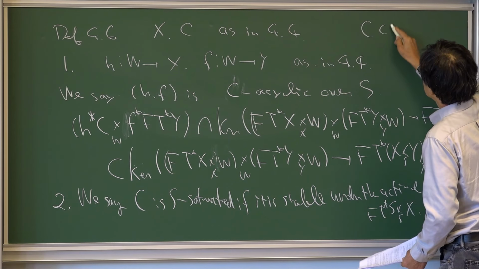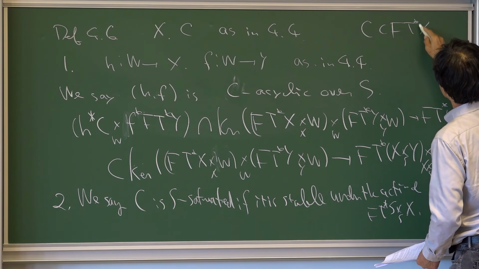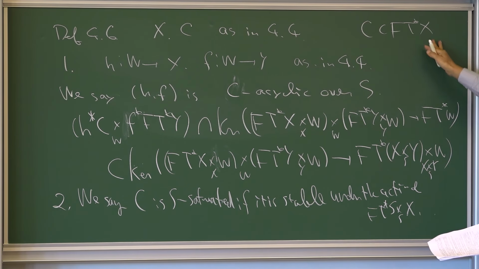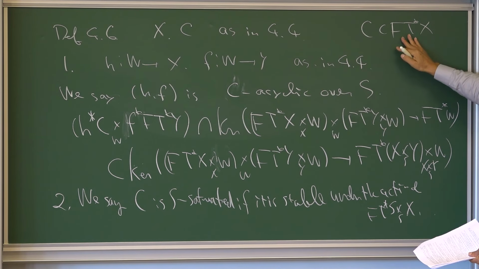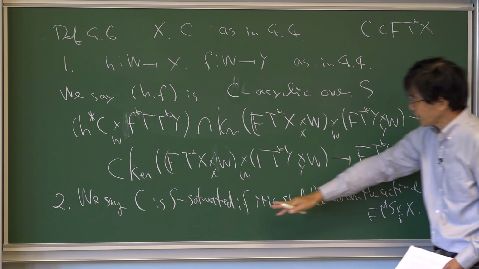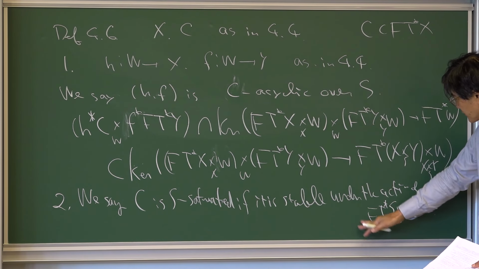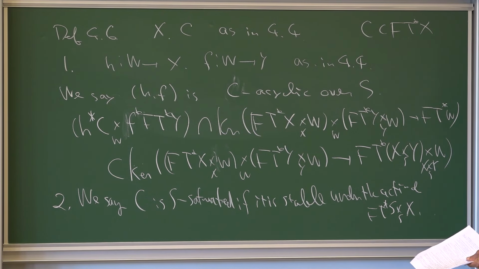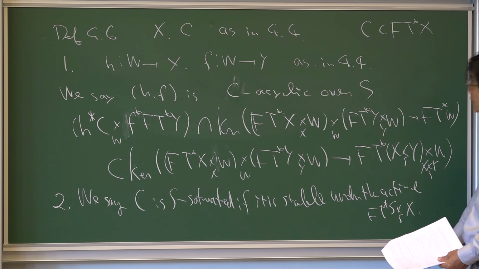So this C is a closed conical subset of the Frobenius Witt cotangent bundle. So we have a natural map from here to there, and this saturatedness condition is that it is stable under the action of this line bundle.